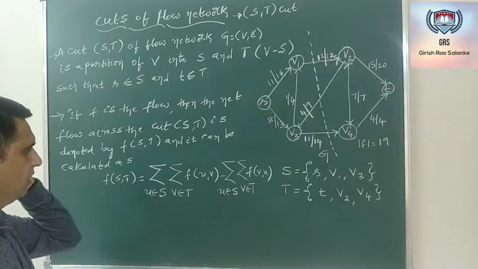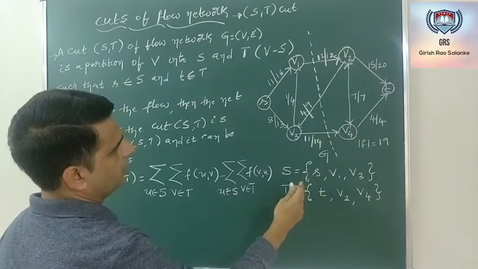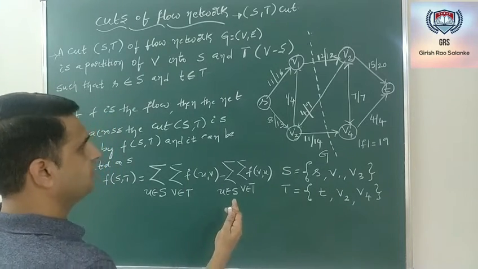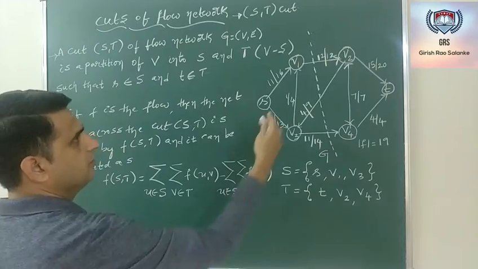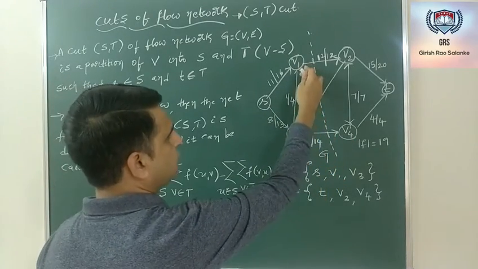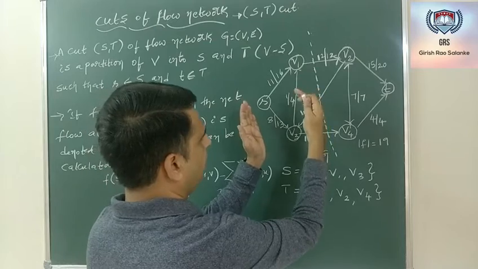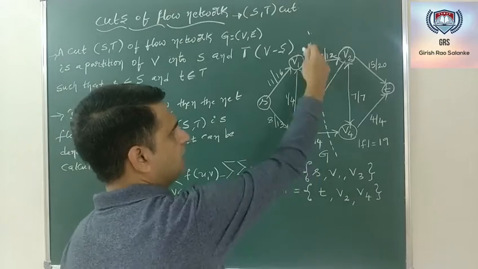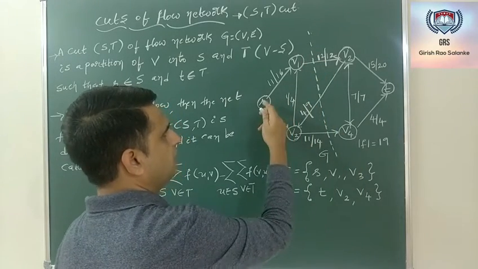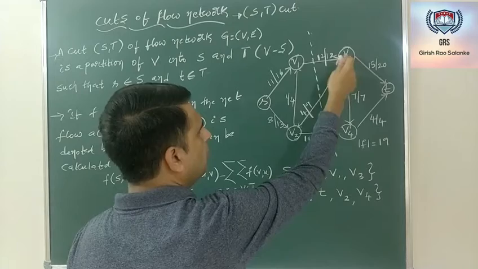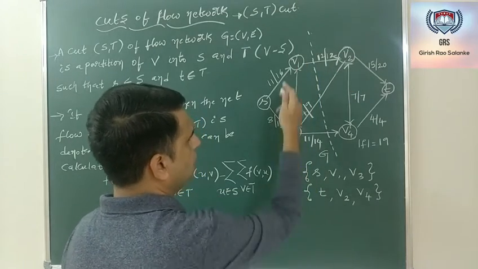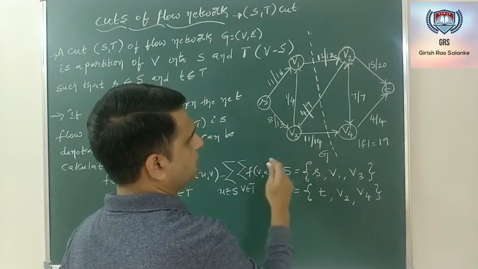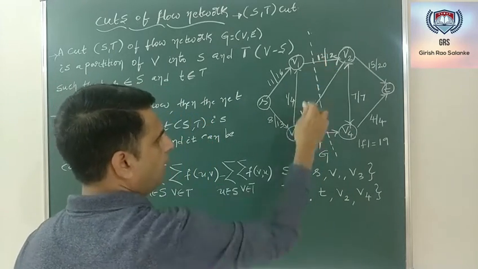Now the net flow across this ST cut can be calculated as the flow on all the edges which are part of the cut, wherein the edge runs from a vertex in S to a vertex in T. There are two such edges here: one edge from V1 to V2, where V1 belongs to S, and one more edge from V3 to V4, where V3 belongs to S and V4 belongs to T. So this is 12 plus 11.